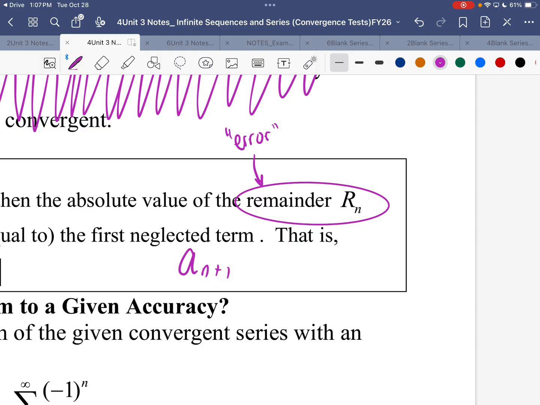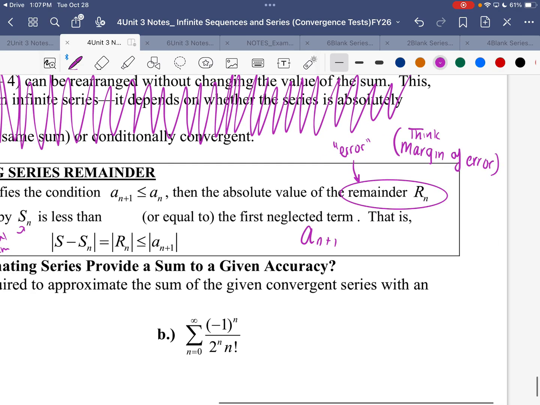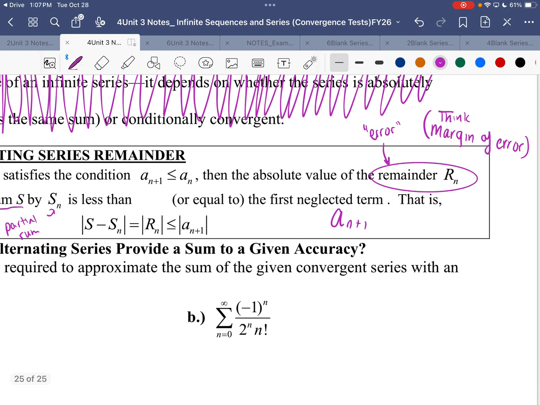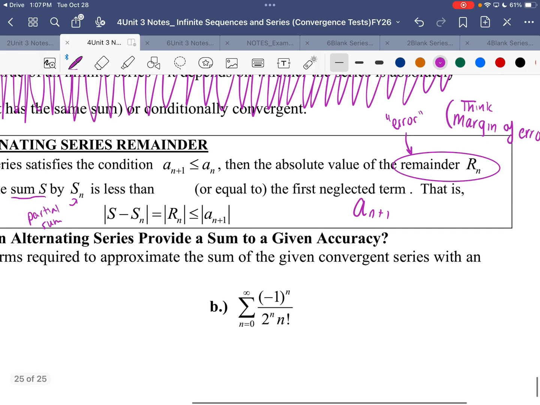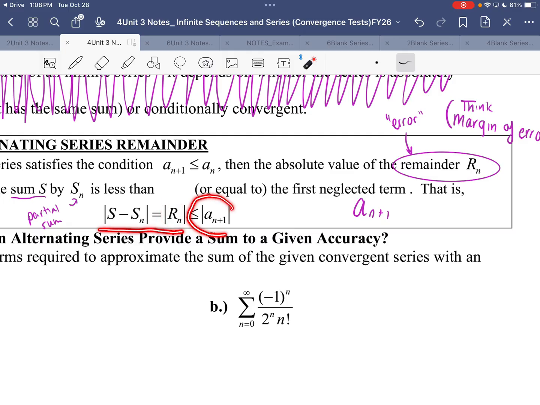What I think of in this formula is margin of error. You take how much you want, subtract how much you actually have, and then you have some error amount that you want to be within.